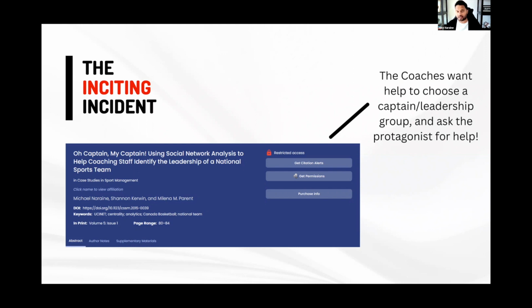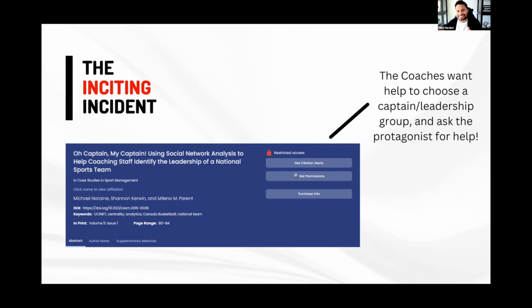I'll fast forward the details of the exposition stage, but it features a non-fictitious case of Canada women's senior basketball team and the non-fictitious situation of coaching staff trying to think about the leadership core of their team. Now, in the fictitious element here, the coaching staff goes to our main character and asks for help to identify whom should compose that leadership group.